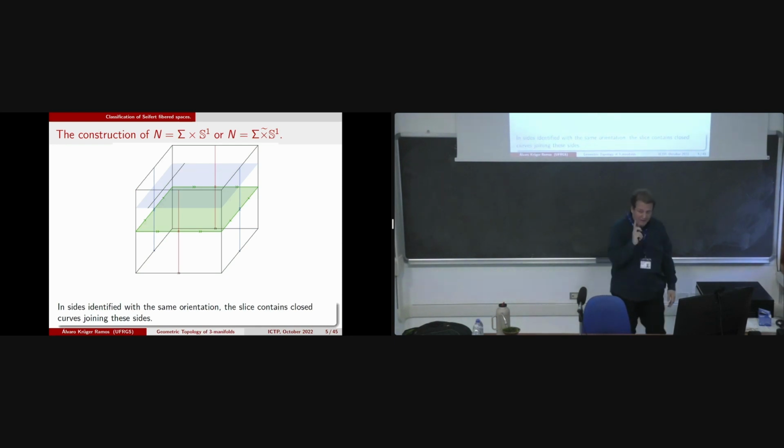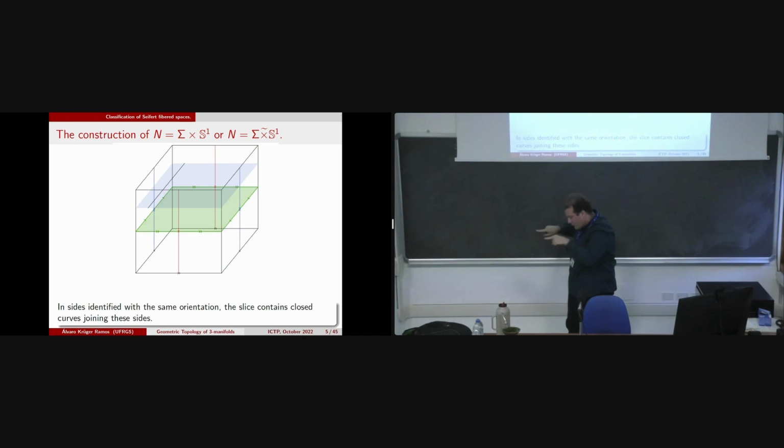First, if you have two sides which were going to be identified with the same orientation, you have lines inside the slice that are simple closed curves. Like this black curve here is a simple closed curve. It starts here, it ends there, but this side is identified with this side without change of the vertical orientation, so it's a simple closed curve.